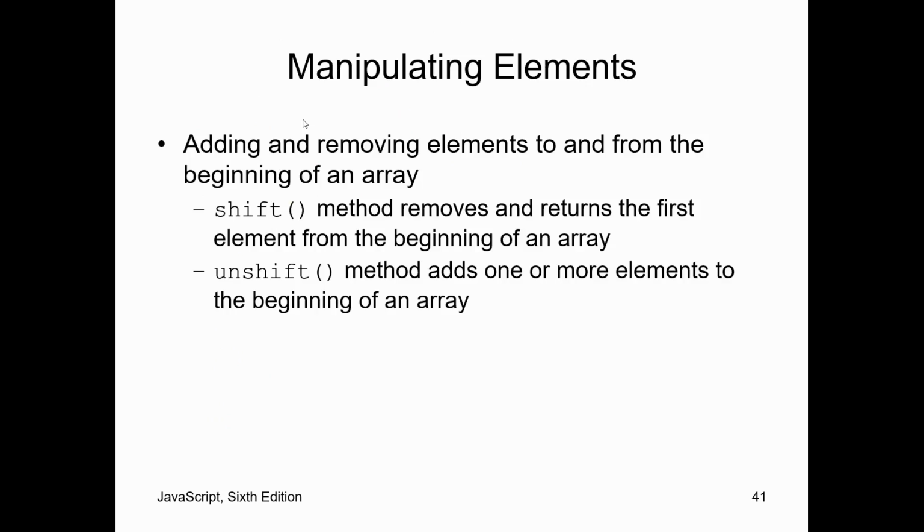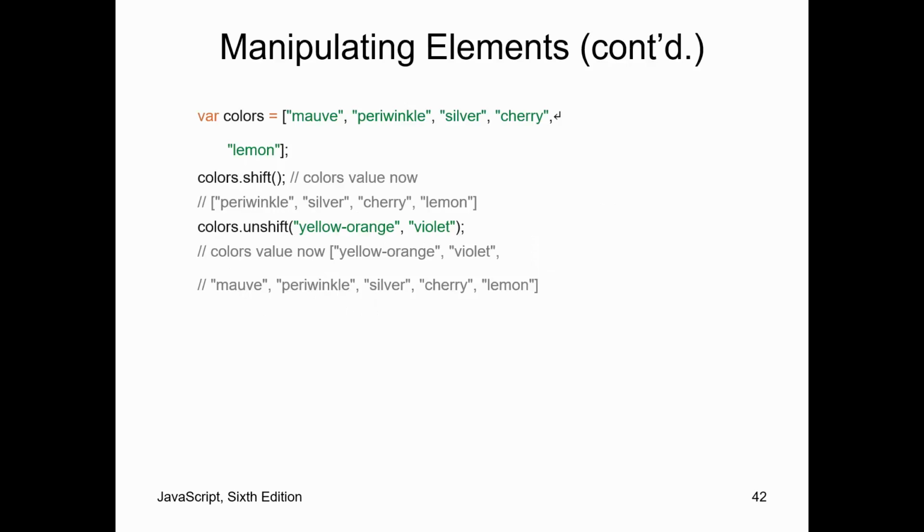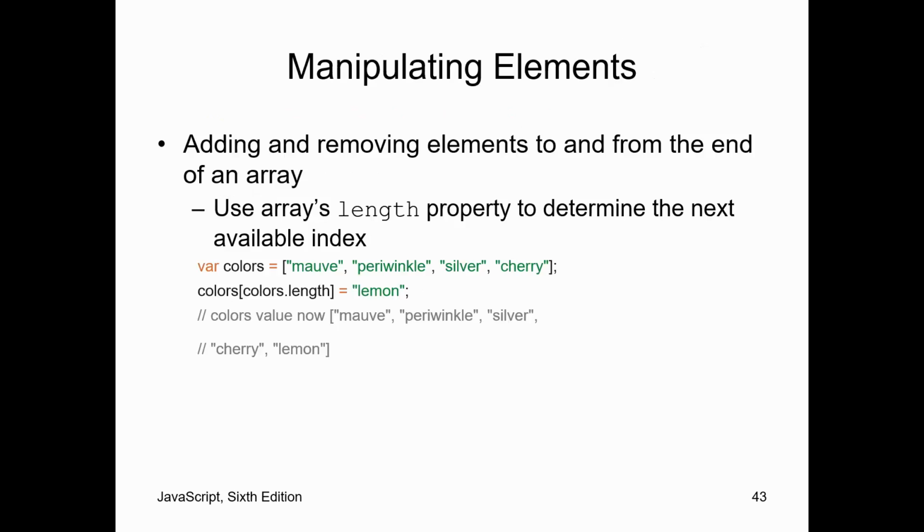I already mentioned that you use shift to remove the first element from the beginning of the array, unshift to add one or more elements to the beginning of the array. And here's some examples. The array's length property can be used for a lot of reasons.